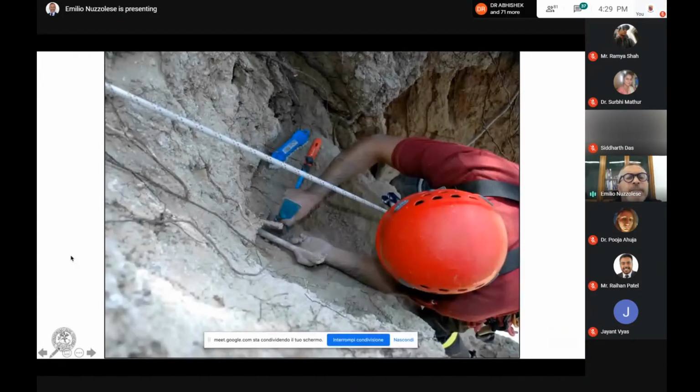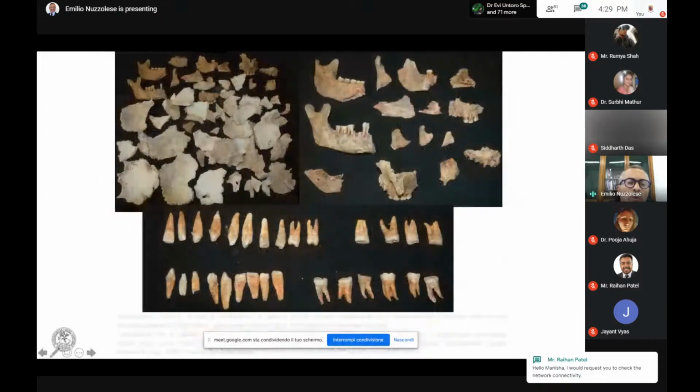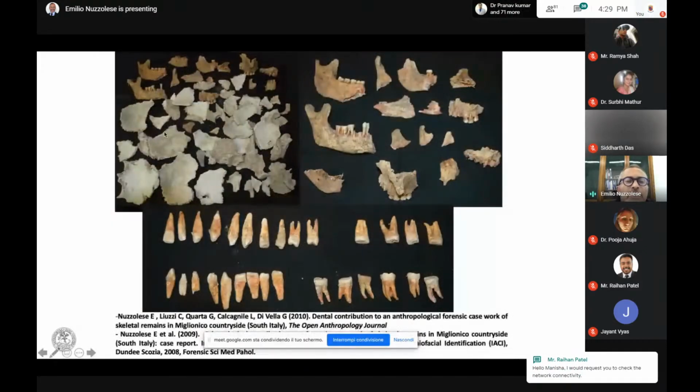Just a case with Professor Di Vella, who is the chief of our medical legal section here at the University of Turin. I was involved in this case because he was appointed by the court of Matera in the south of Italy, because there were 286 human remains fragments collected under the soil. I was involved in trying to put together these fragments which belonged to the skull.